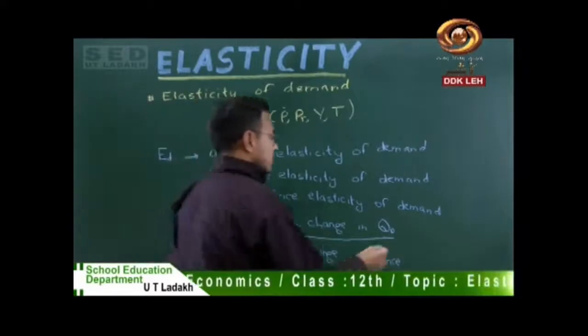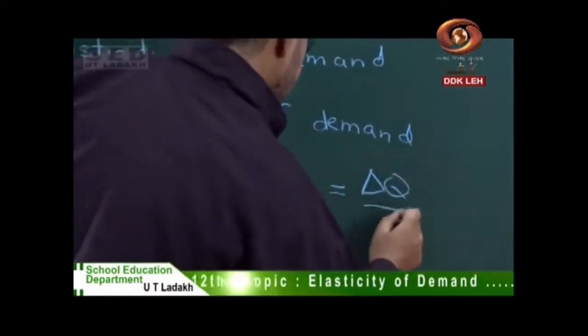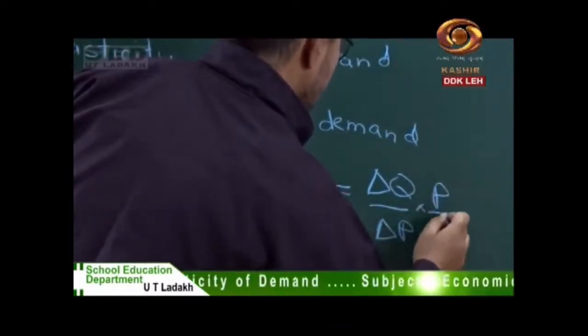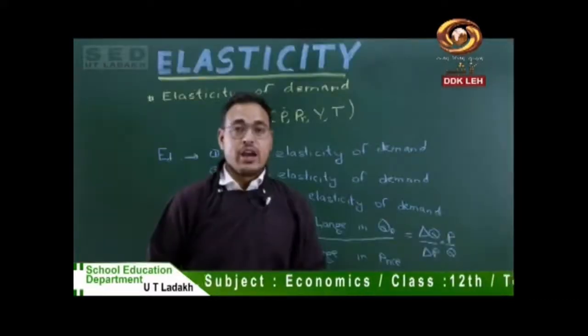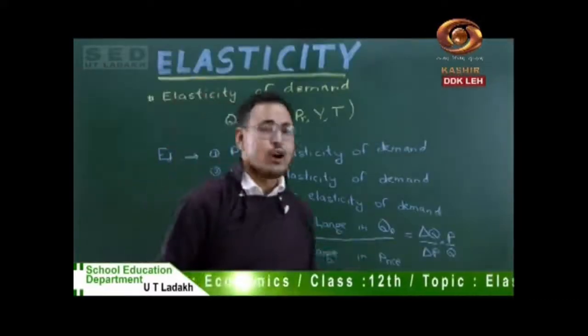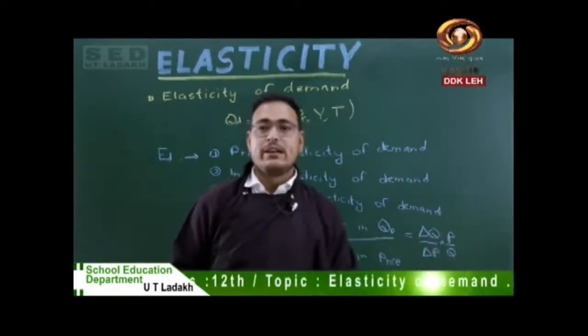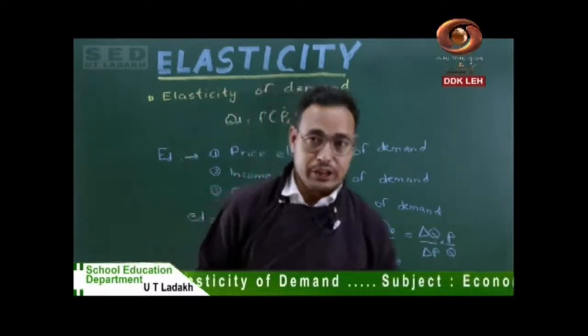We can also measure the same using this formula: ED = (delta Q / delta P) multiplied by (P / Q), where delta Q represents change in your quantity demanded, delta P change in your price, P represents your initial price, and Q represents your initial quantity.